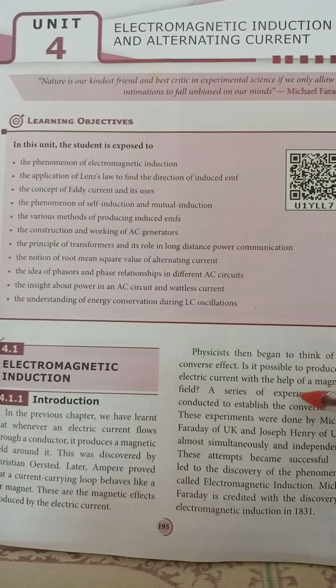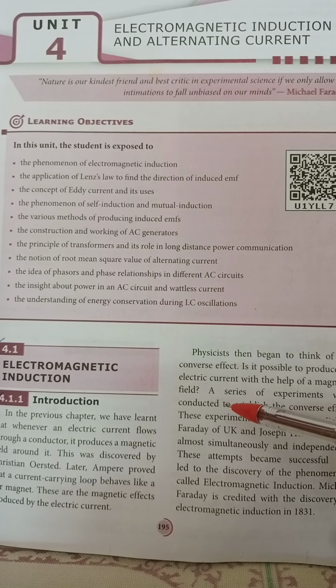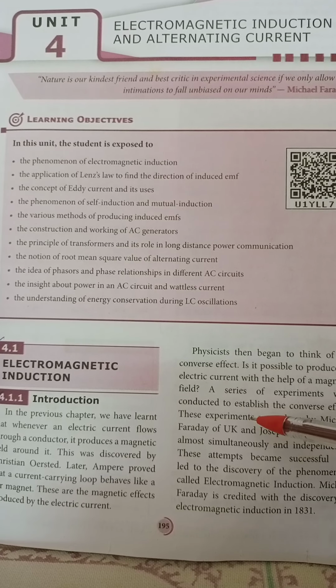Physicists then began to think about the converse effect. That is, is it possible to produce an electric current with the help of a magnetic field? Many scientists did many experiments and established that the converse effect is also possible.